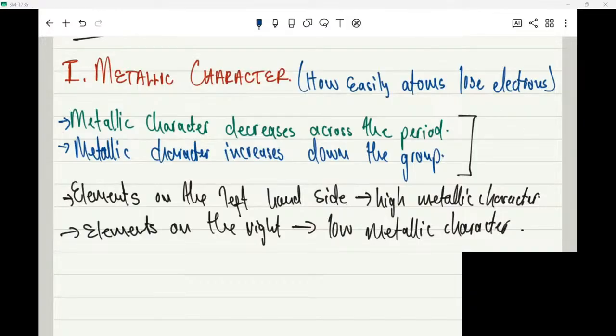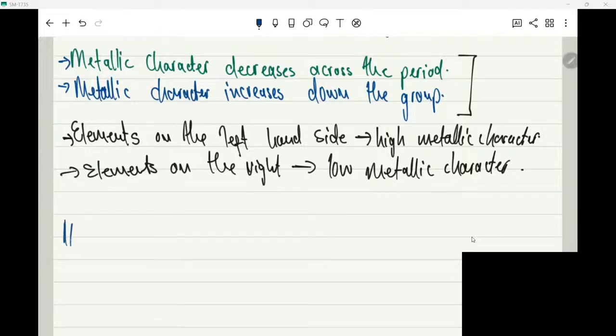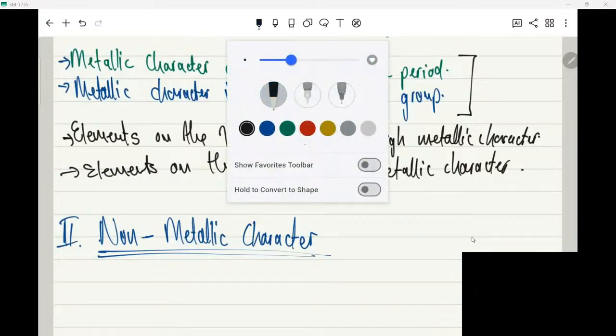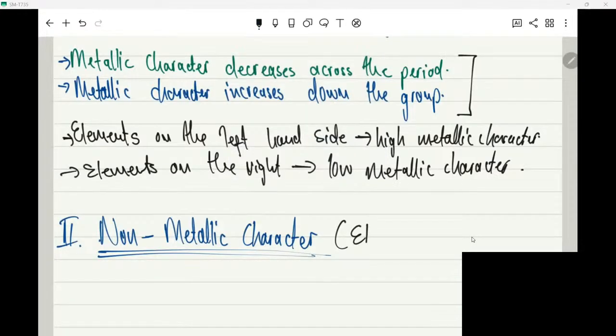Now we keep going. Next, trend number 2, we don't want to waste time, is the non-metallic character. The other word for it is electronegativity. We'll see reactions of group 7 and some stuff we'll understand.